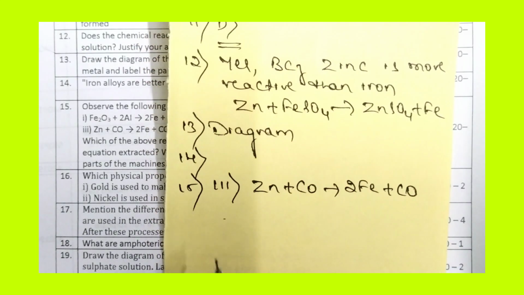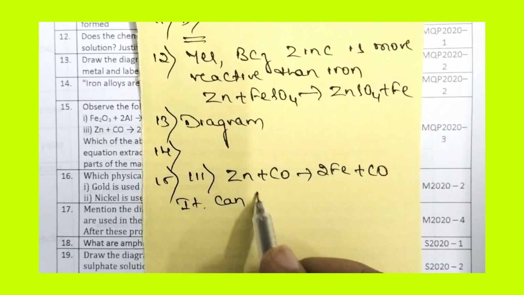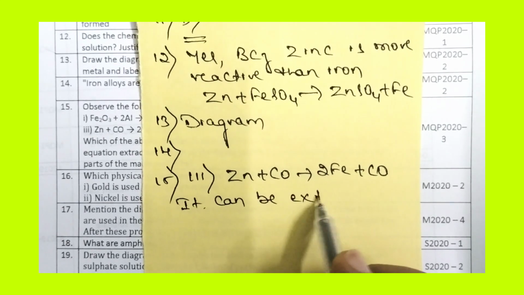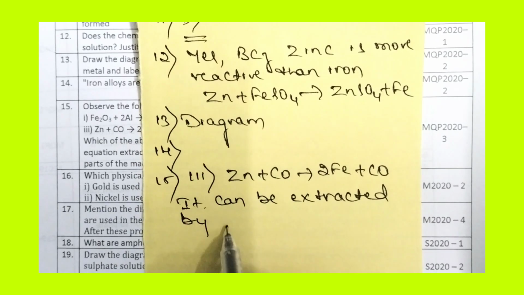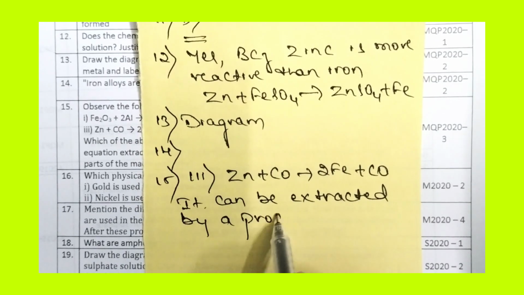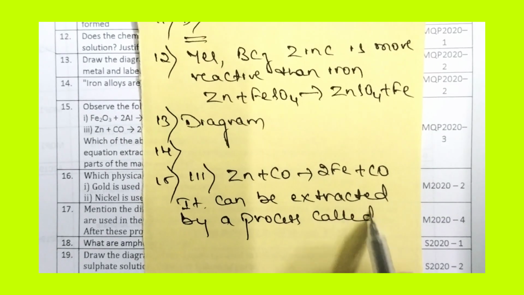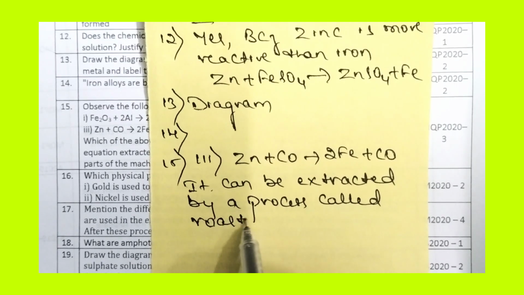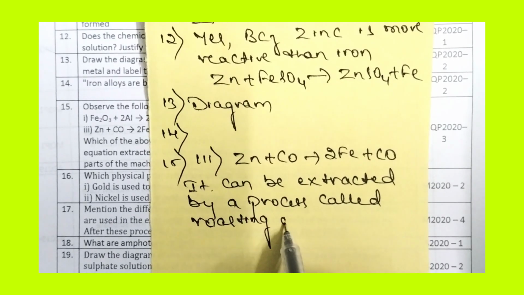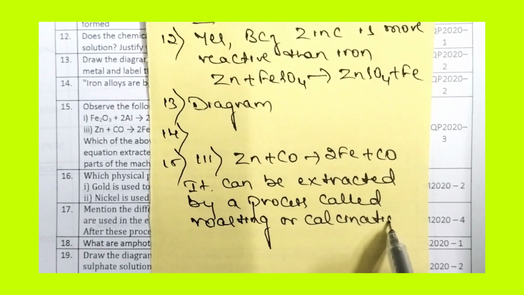It can be extracted by a process called roasting if it is a sulfide ore, or calcination if it is a carbonate ore.